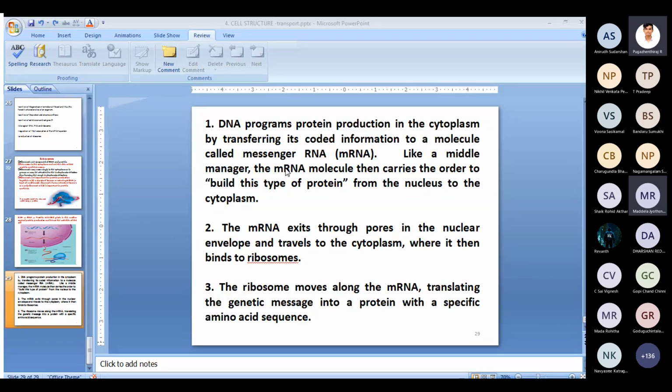Ma'am, in RNA we have uracil instead of thymine, no? Yes, that is what I told you. These are the two main differences. DNA is double stranded but RNA is a single strand.